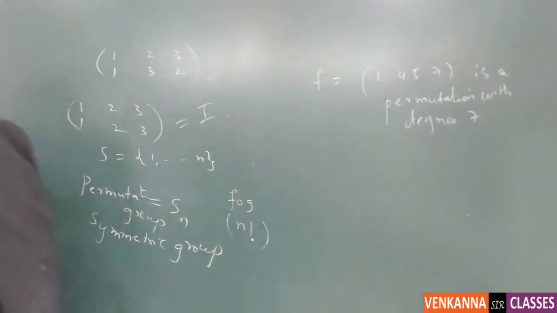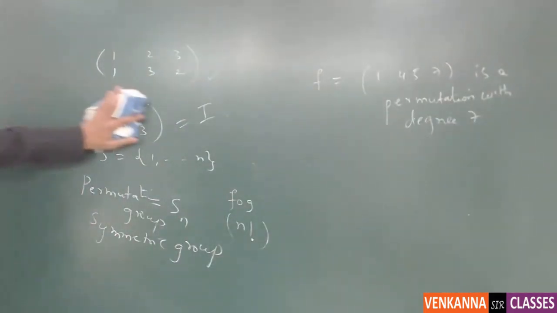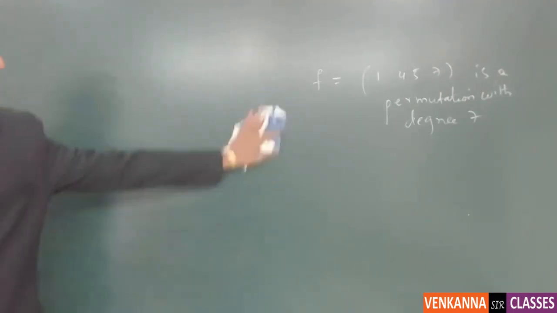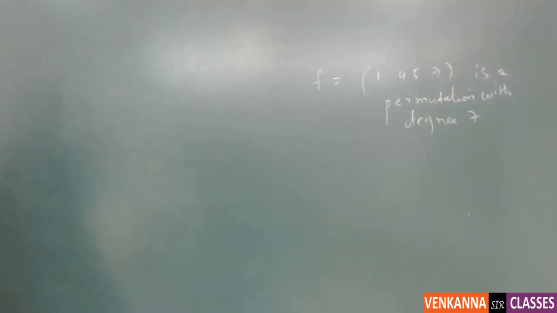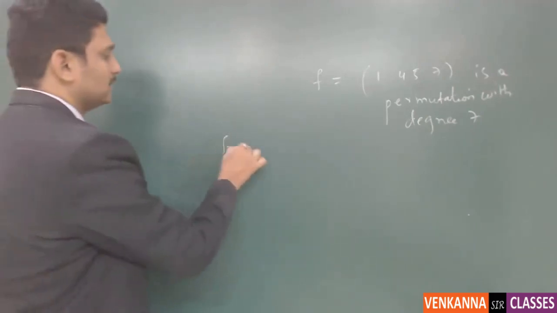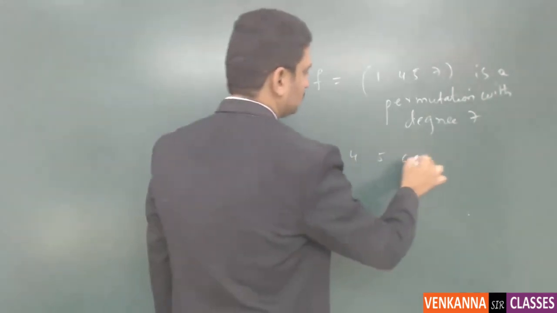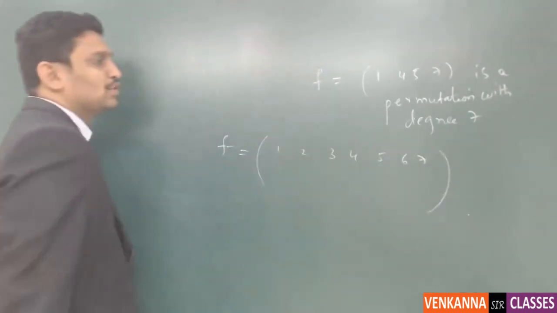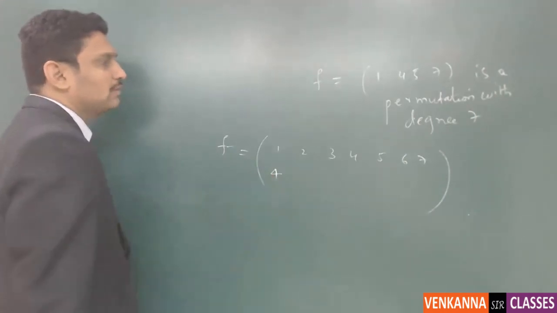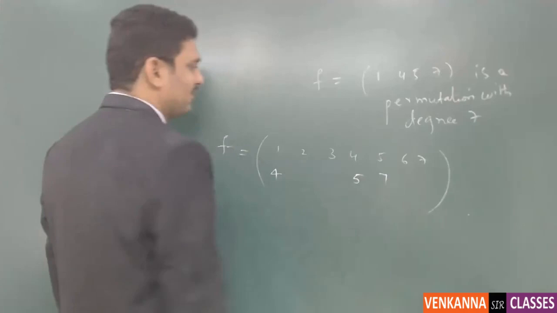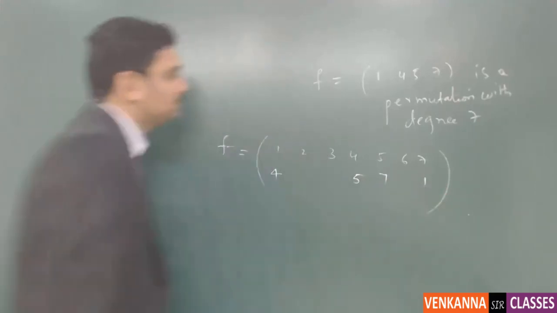So what does it mean? F contains a maximum of 7 symbols. Among the 7 symbols, the pairing is done like that. If you want to write the permutation F, you have to write like this. For 1 it is 4, for 4 it is 5, for 5 it is 7, for 7 it is 1.